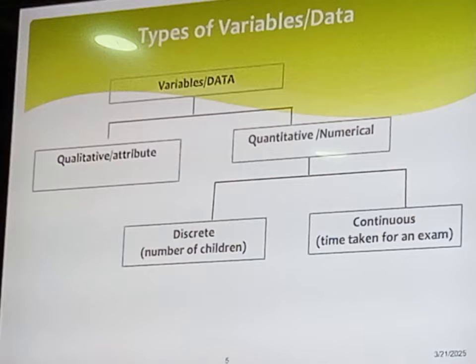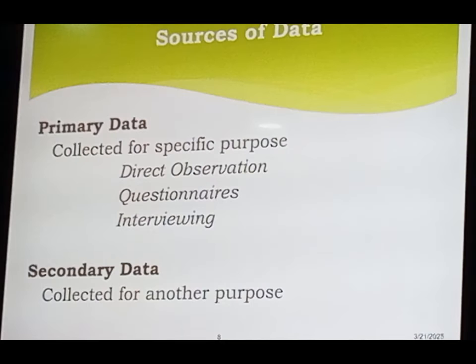My topic here is descriptive statistics and inferential statistics. Here the variables or data, it is also on the basis of the variable. If only one variable is there, then if you are analyzing the data, it is called univariate.